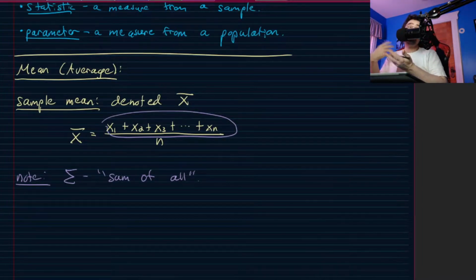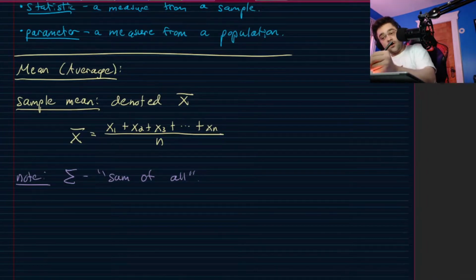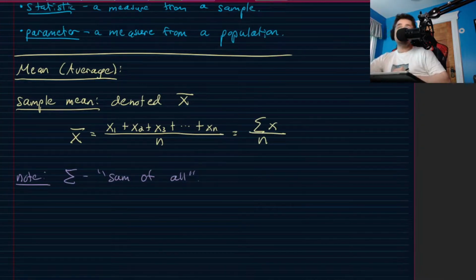And so it can be convenient to also write this a different way, a more concise way, right? If I want to sum up all of the x values, I could just say sum of all x and then over n. Right? That's a more concise way of talking about adding up all of those values.